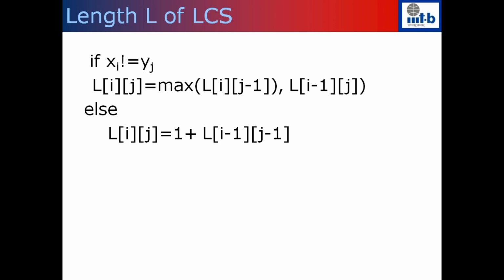If x of i is not equal to y of j, then L of i comma j will be set as the maximum of L of i minus 1 comma j and L of i comma j minus 1. So whichever is maximum, we will set that as L of i comma j.